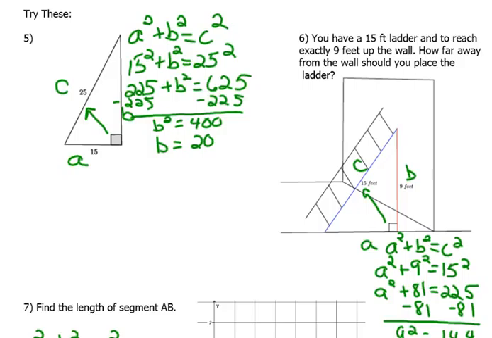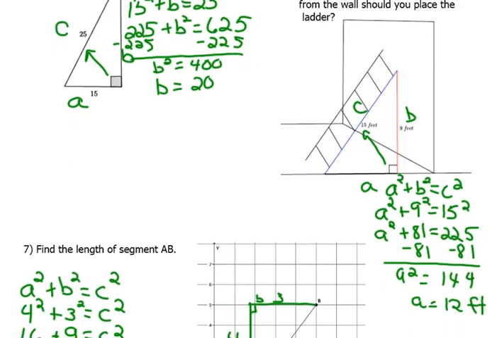All right, let's see how you did here. So in number 5, I chose to look for B, so you had to fill in 25 for C and 15 for A, and 400 is a perfect square because 20 times 20 is 400, so B ends up being 400.